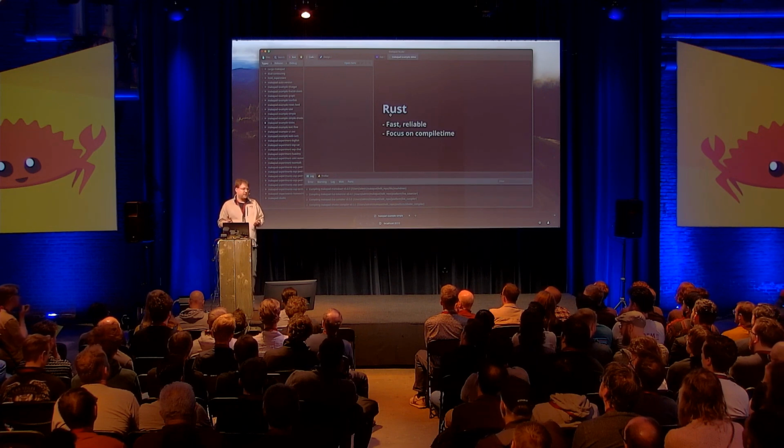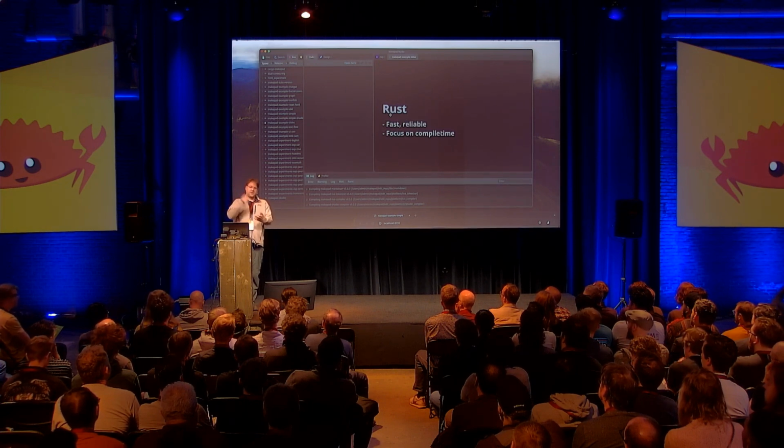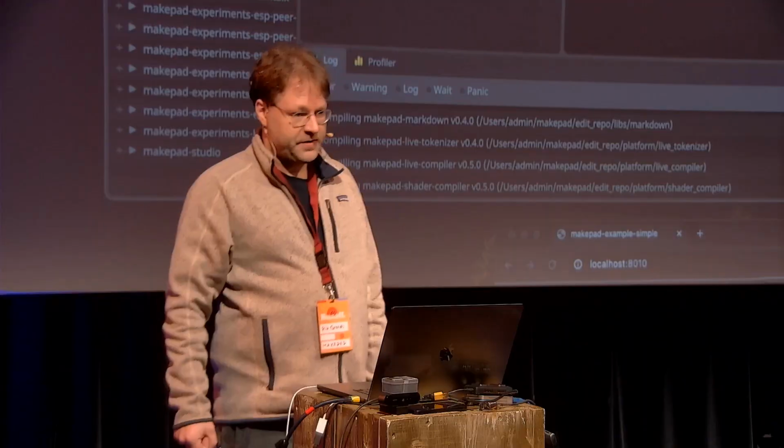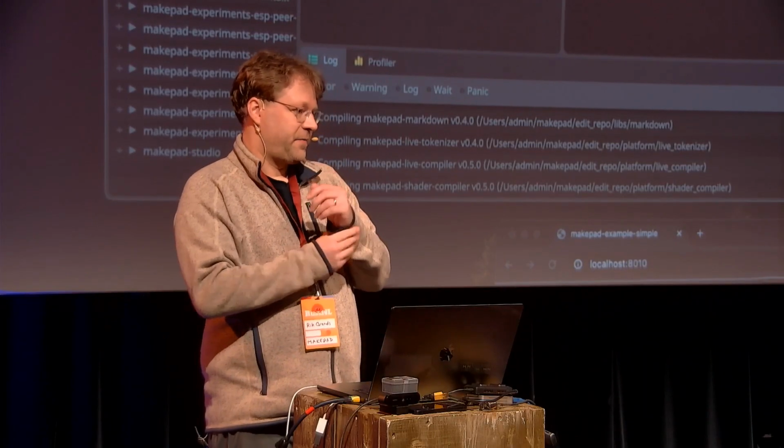So for MakePad, what I did is I wrote a little regex engine kind of thing that just stripped Windows RS of everything that I didn't use. And so it's not a very nice tool. I wish that Microsoft would properly do this.